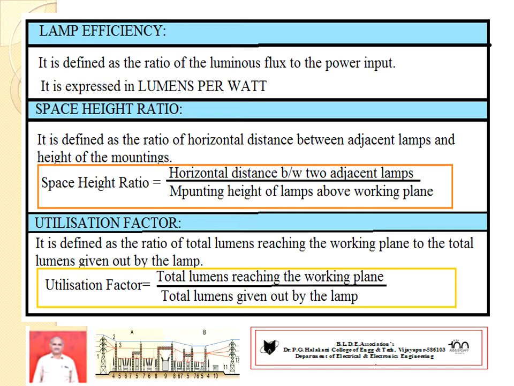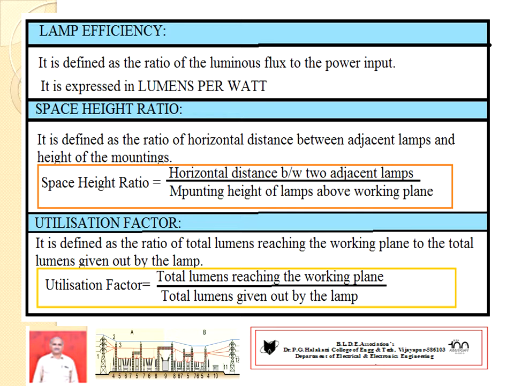Hence, utilization means how much lumens are utilized at the working plane, then how much lumens are given by the lamp. It is the ratio. Getting the idea? If 100 lumens are emitting by the lamp, these 100 lumens are not utilized at the working plane.